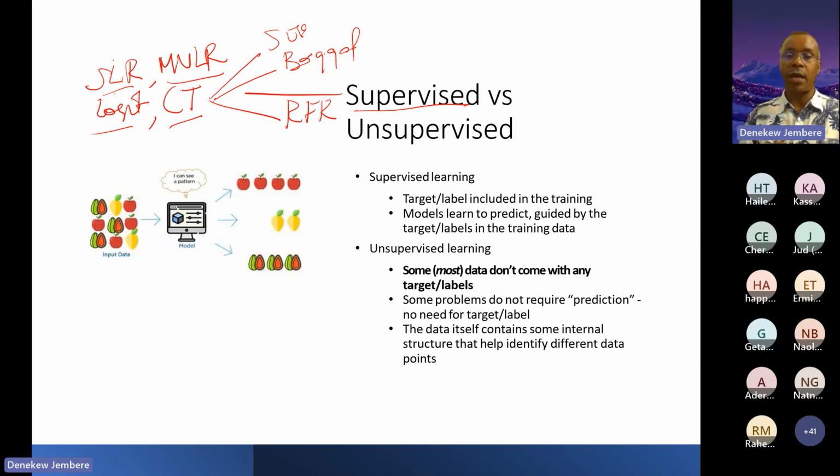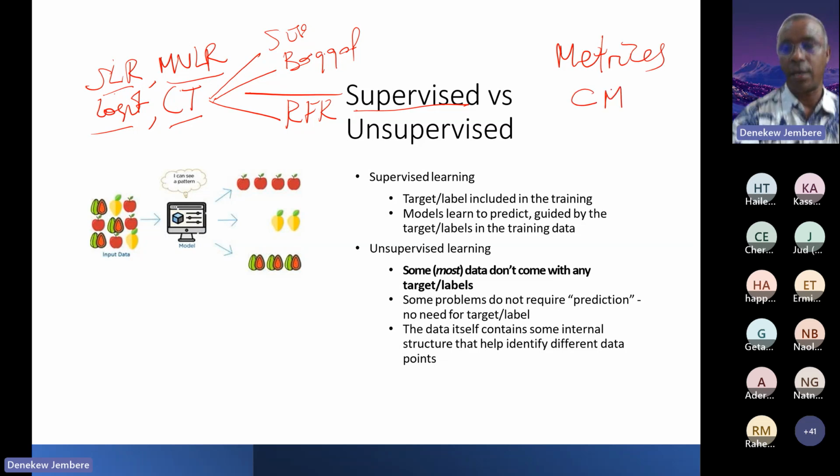So in the process, we basically get the best matrix. It could be a confusion matrix, or it could be RMSE, depending upon the type of model.